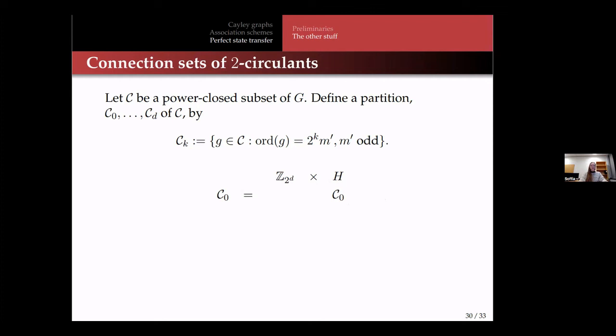Then what about C1? C1 is the set of elements in C that have order 2 times an odd number. So if A is in our connection set, then it's going to be in C1. And we can write C1 as a direct product of the element A and some set, which we're now going to call C1 star, which is contained in H. So all the elements here are going to be A times some element of odd order.